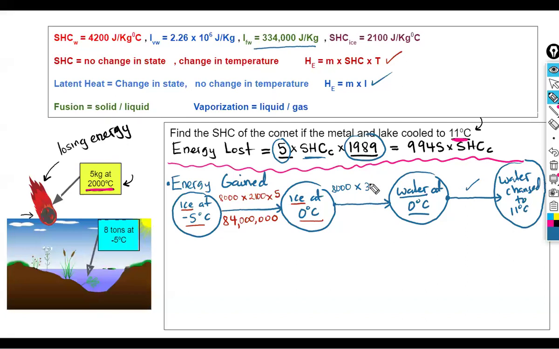That's now 334,000, right? Right, Salamatu, the change in temperature is 5, right? It went from -5 to 0. That's 5, not 6, all right?